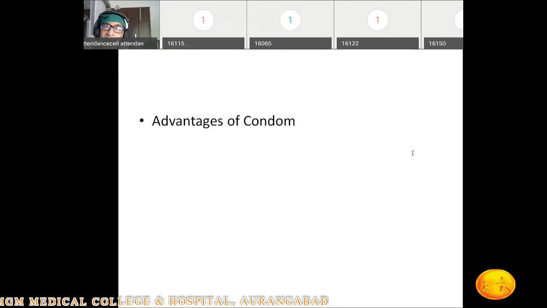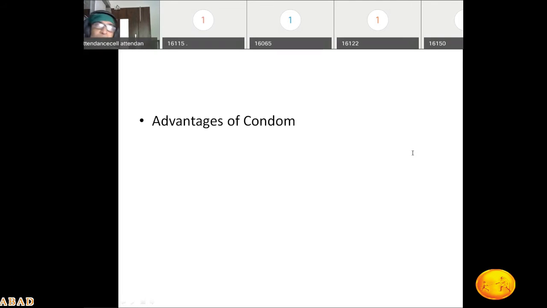Sperms are viable for 72 to 96 hours, and in some cases, depending on the surrounding environment, sperms can be viable and fertilizable even up to the 5th day. So it has been observed that OC pills should be taken for at least 7 days to prevent ovulation. That's why we start as early as day 2 of the menses.